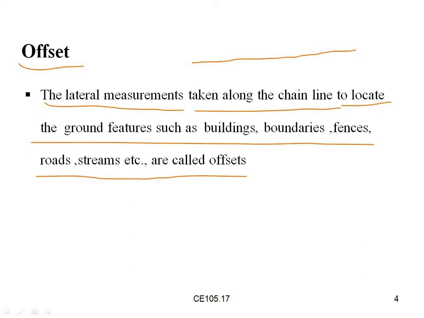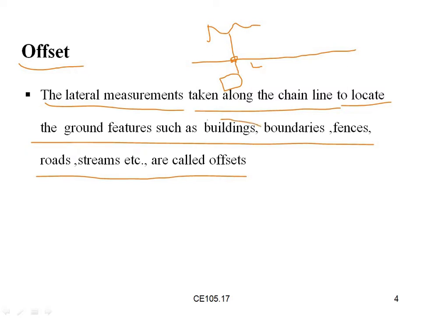While you are going along the chain line, taking the chain measurement, this is the L. Nearby, any buildings or fences or roads or streams are there. From the chain line we keep our offset rod, and we take the measurement to that point. That is called lateral measurement.